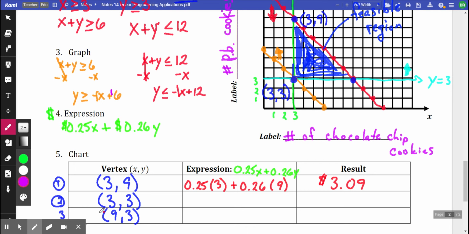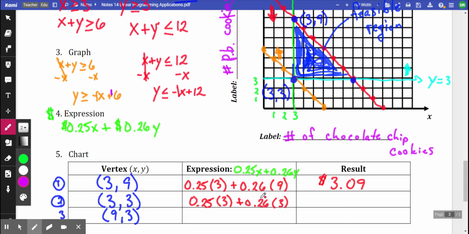Okay, so we try this again with another vertex to see what happens. This combo pack would be for a package that contains 3 chocolate chip and 3 peanut butter. So we can take the 0.25 times 3 and also the 0.26 times 3.